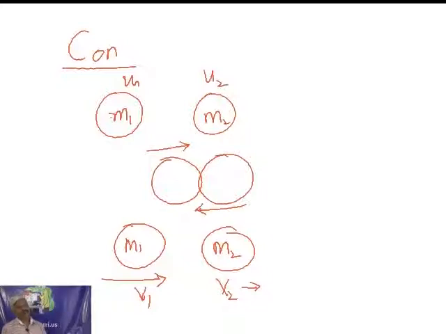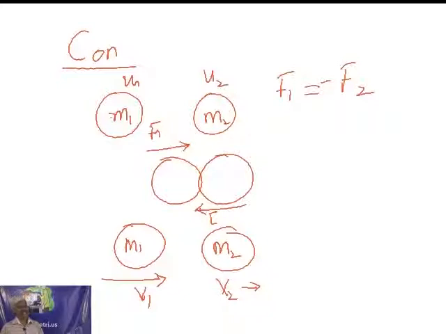They collide. As per Newton's law, the first body exerts a force on the second body, and immediately the second body exerts a force on the first body. This force may be F1, and this force F2. What is the concept here? F1 must be equal to F2 but in the opposite direction. For every action, there is an equal and opposite reaction.